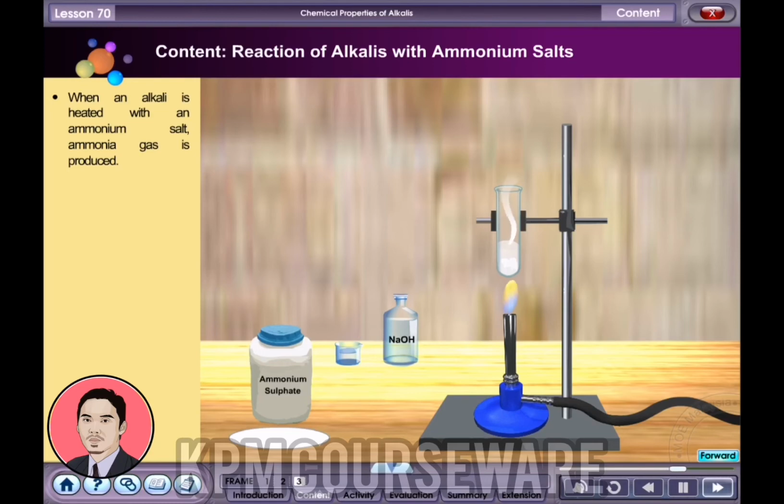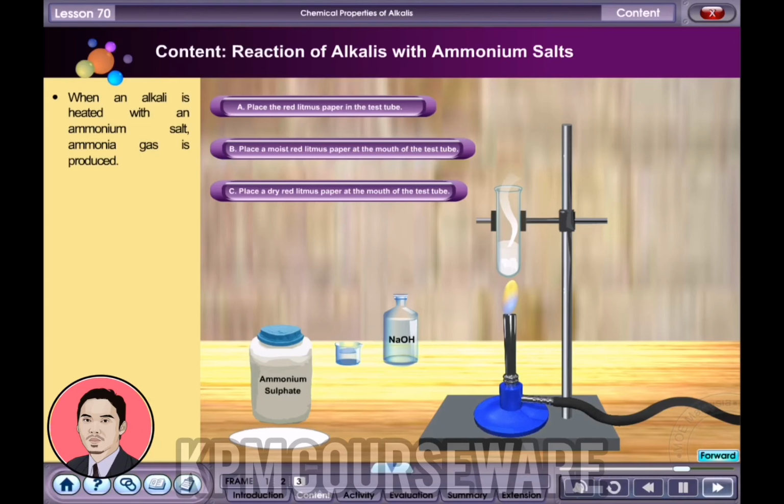There are 3 options here. Click on either A, B, or C. That's right. To test what gas was liberated, place the litmus paper at the mouth of the test tube.